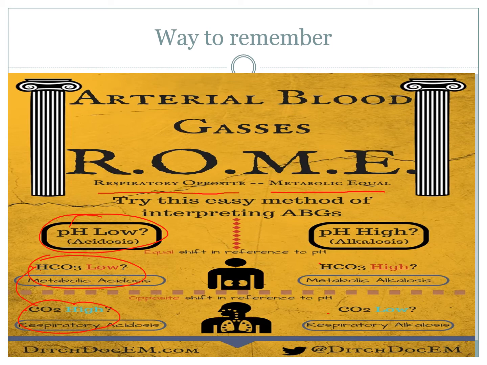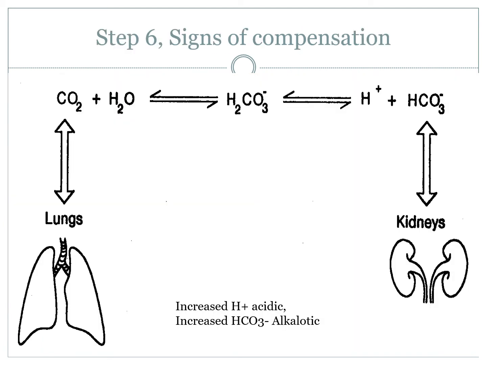From there we move to step 6, which is looking at that compensation factor. Now this is as much science as I need to go into for this particular one. What you need to understand is the body likes to maintain homeostasis. So when CO2 comes into the body, it binds with water and you get the middle value, which is carbonic acid.